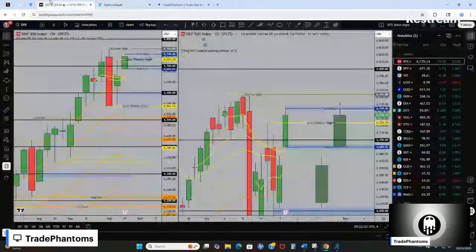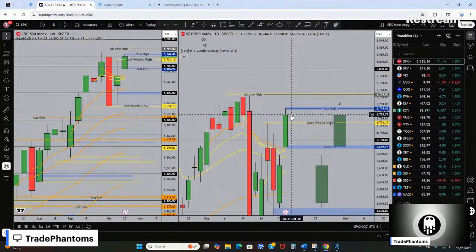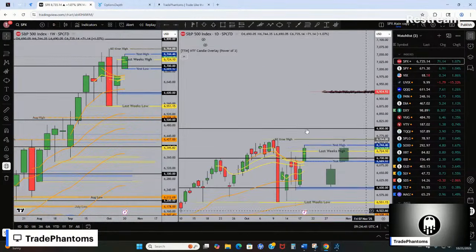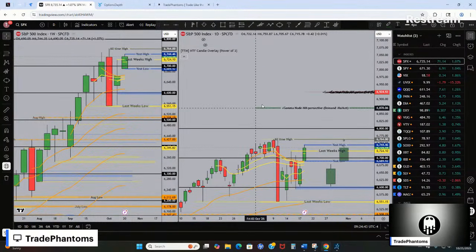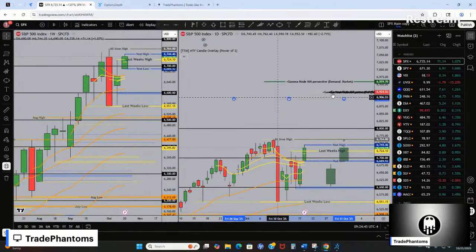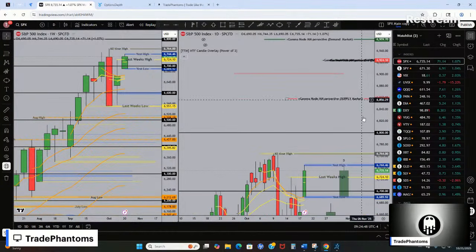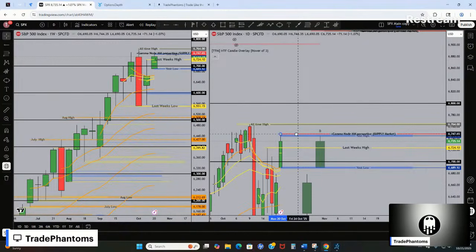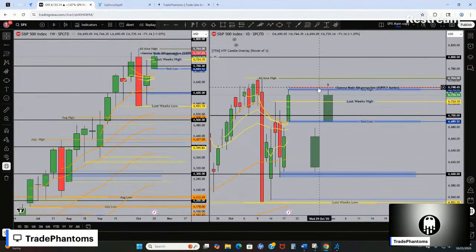In short, if I go back to the chart and we open at 6,735, I'm going to pin this 40 handle with a red line with a note, which is already there, positive gamma node at 6,740, which is going to help provide some supply.